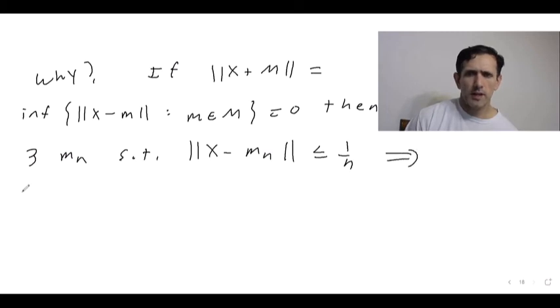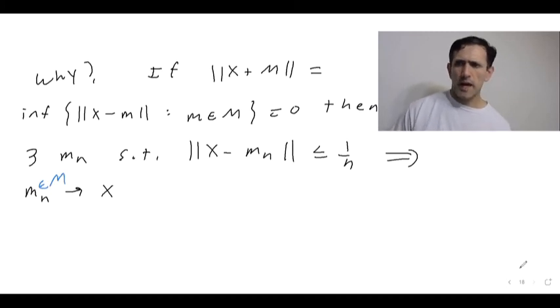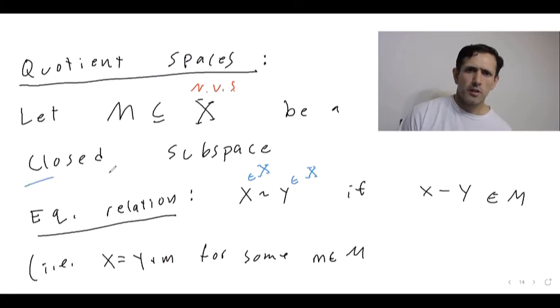That implies that mn converges to x, well, this little critter here is in big M. And now we're going to use our assumption that M is closed.